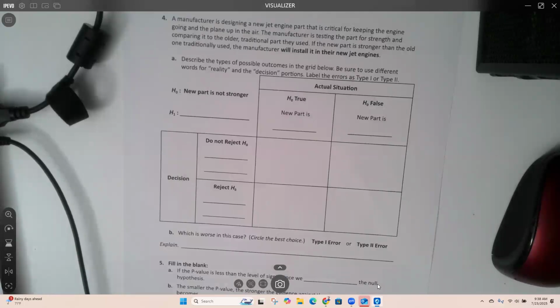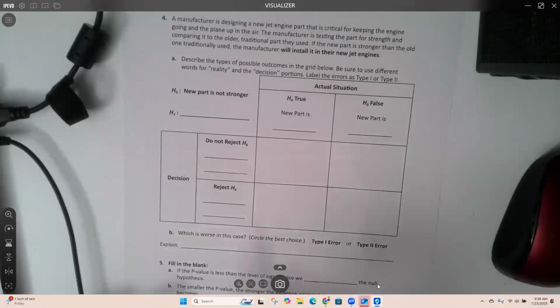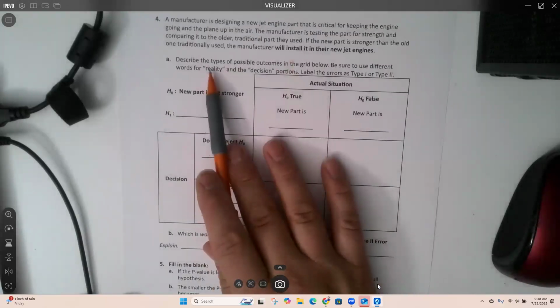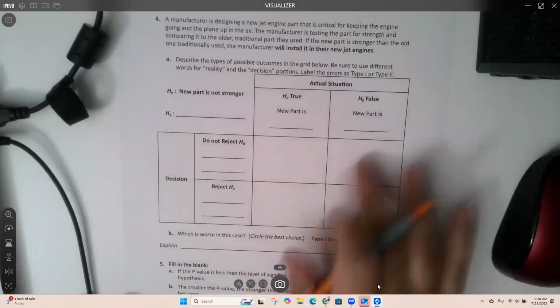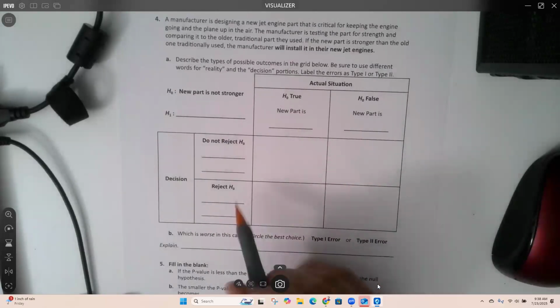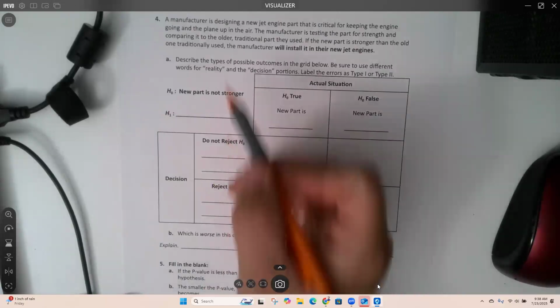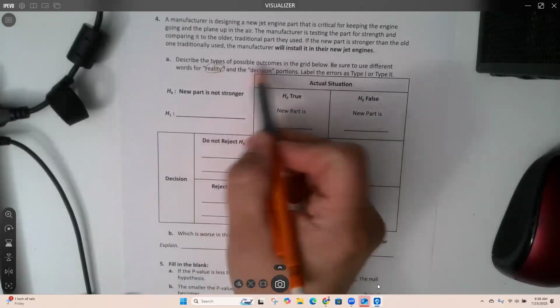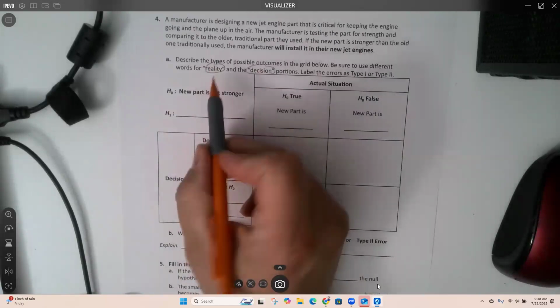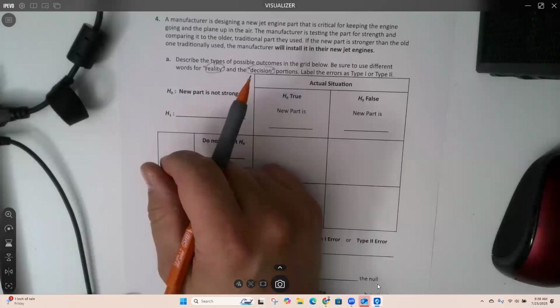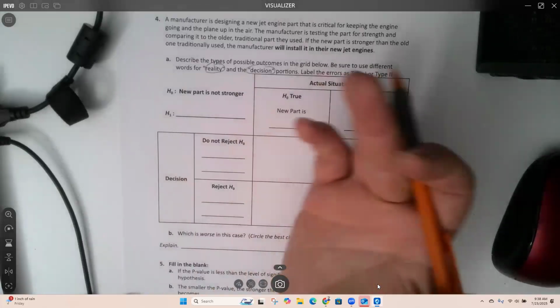All right. So for this one, we're filling in this chart here. As we're doing this, we're comparing reality to the decision. Keep in mind that the reality is something we don't necessarily know, because we are testing a sample.